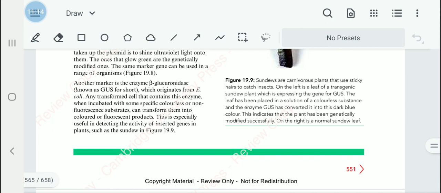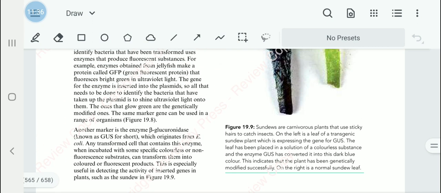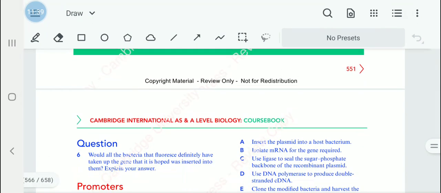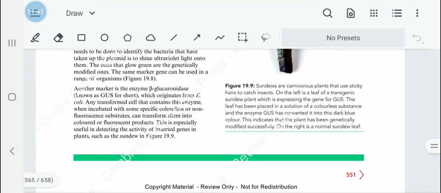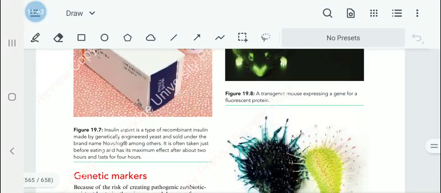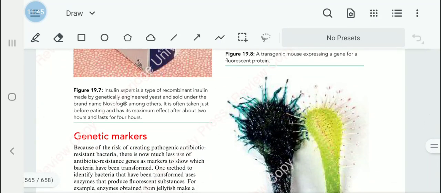If there is a cell transformed having this enzyme, and you incubate it with some colorless or non-fluorescent substrate, it will transform into colored or fluorescent products. So this will also help us to identify which ones have taken up the genes.